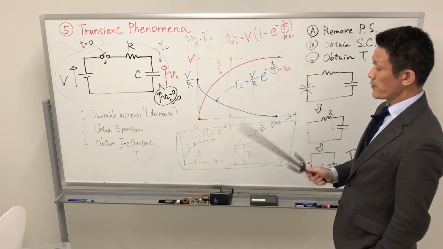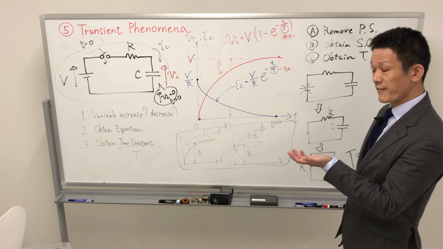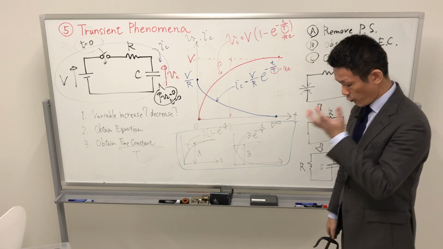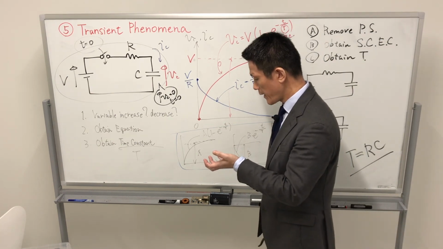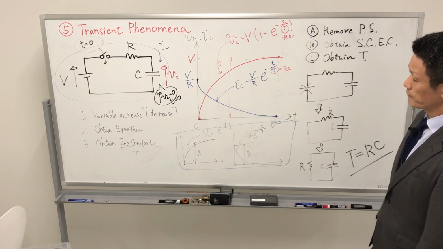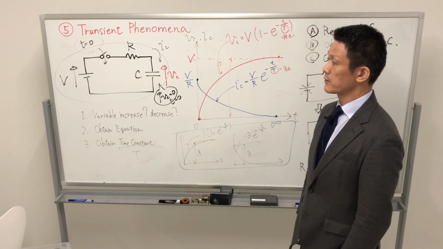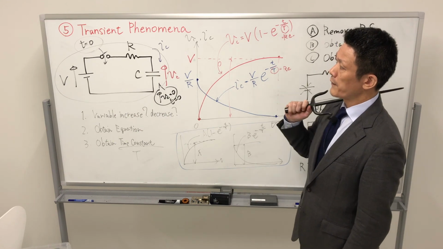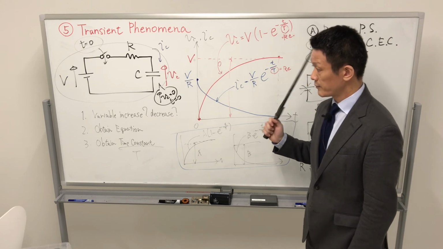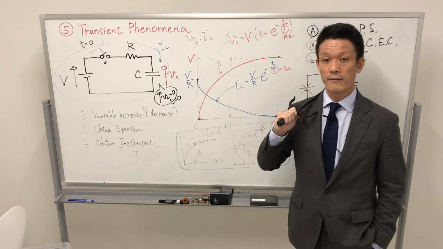And using this, let's discuss the power electronics system, for example the drive circuit and the power circuit, and how to generate the transient waveforms. Okay, that's all for this fifth lecture. Please remember this fundamental knowledge. Okay, see you.